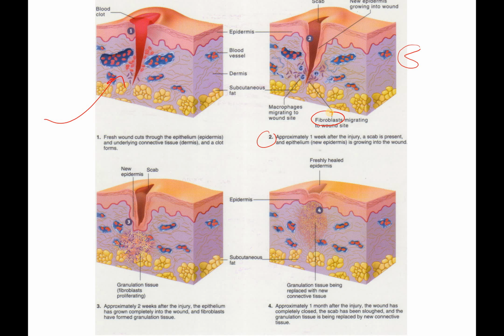And in the third phase, you're going to start to get granulation, which is basically a thicker type of scar tissue that's coming in to really wall off and protect as the tissue is continuing to heal. And in the fourth phase, the granulation tissue is being replaced by connective tissue through connective tissue synthesis.